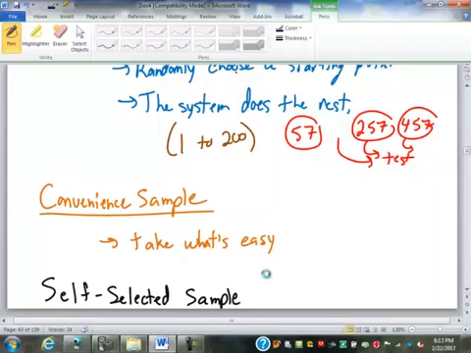The biggest issue with self-selected samples is when you do mailing surveys. If you mail out a survey, generally you get between a 20 and 30% response rate. So if you need 200 responses, you're going to send out at least 700 to 800 surveys to get those 200 responses. Generally, think about it.